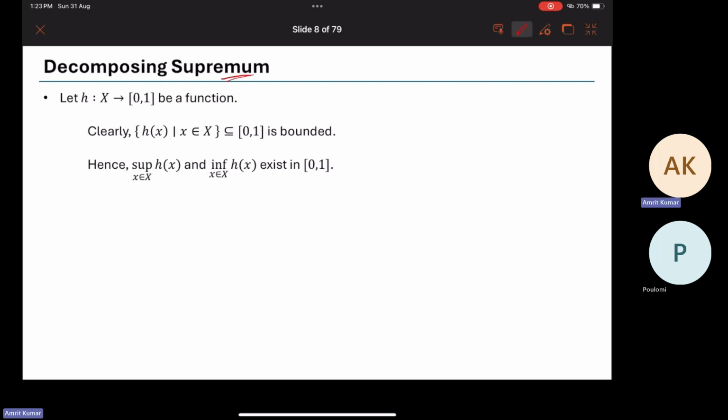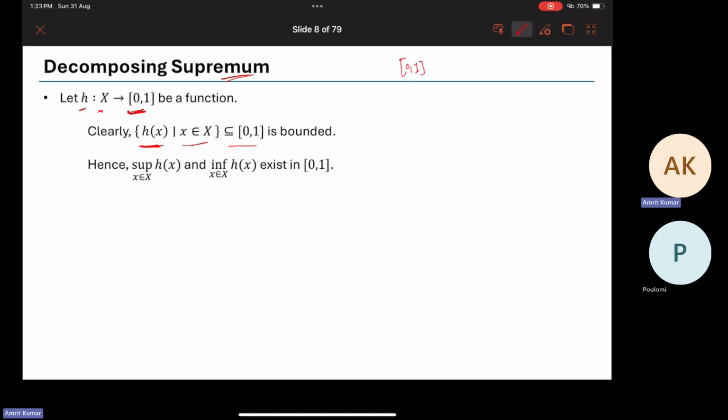Suppose we have a function h from X to the unit interval, right? The unit interval is where our membership values come from, which is why we are considering a function h from X to the unit interval. Now, if you look at the range of this function, that is h of x, where x comes from the domain X, it's going to be some subset of [0, 1], because our codomain is [0, 1].